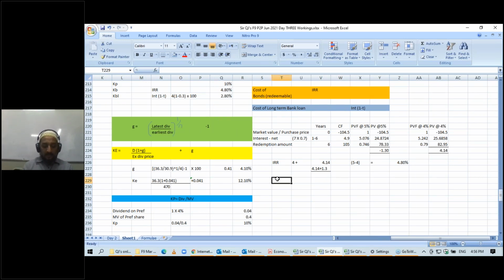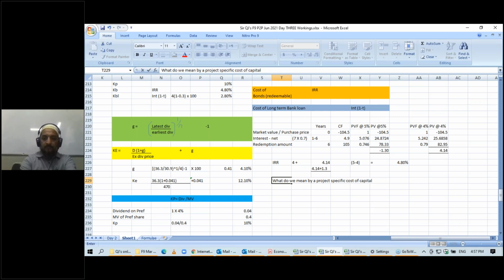Let me tell you first. I'm writing the answer along with it. There is an explanation also. What do we mean by a project specific cost of capital?